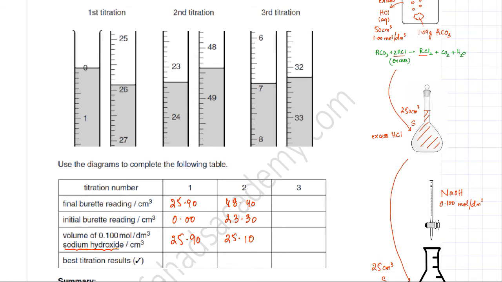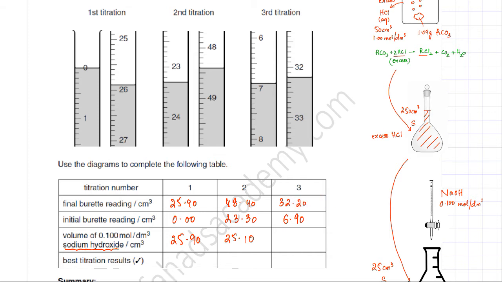Moving to the third titration, filling in the values, the initial burette reading shows 6.90 cm³. So that is 6.90 cm³, and the final burette reading shows 32.20 cm³.